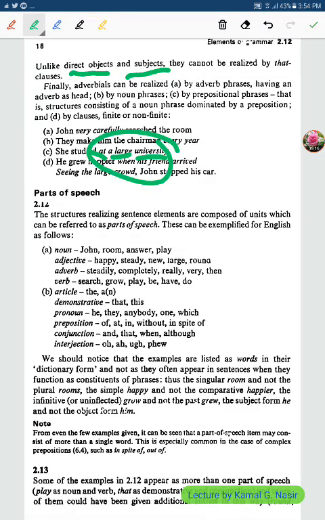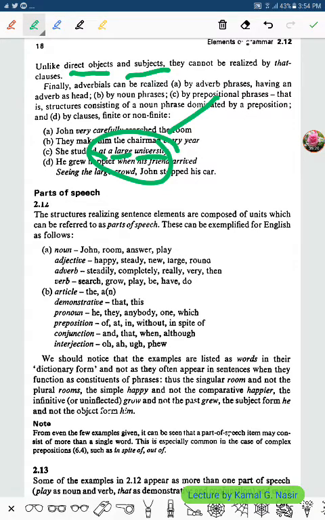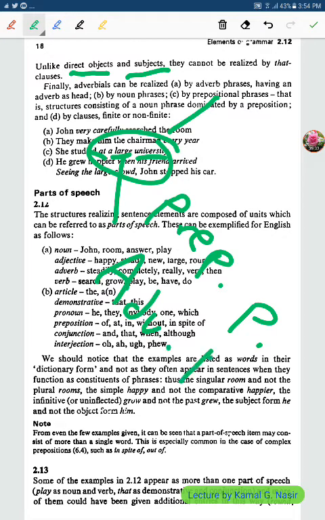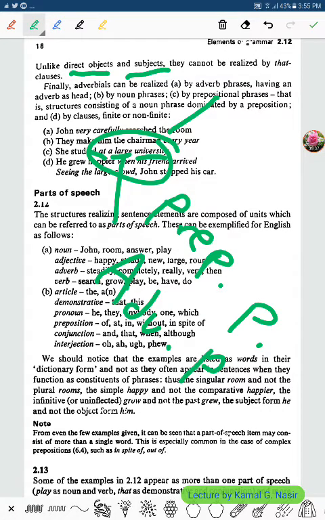All this is called a prepositional phrase as a form. As a function, it is an adverbial phrase. Clear?